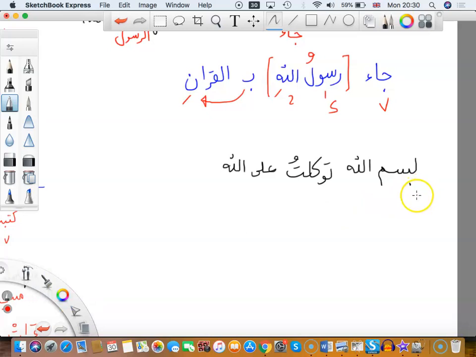Yeah, so you got a preposition here, and it's going to give one kasra here, because of the of rule. Bismillahi, with the name of Allah. Tawakkaltu, verb subject. Tawakkaltu, I relied. Ala, preposition. It's going to give the word Allah kasra. Bismillahi, tawakkaltu ala Allahi.